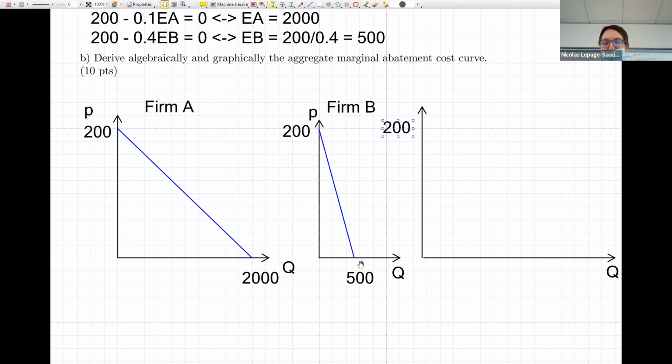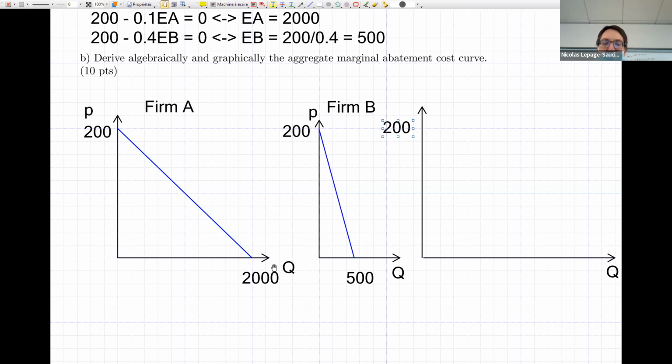And then what is the total emission if I don't ask firms to abate whatsoever? It is 2,500.